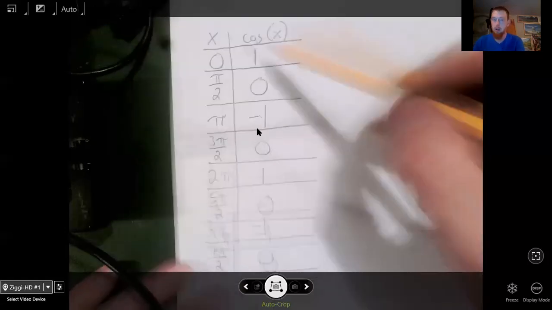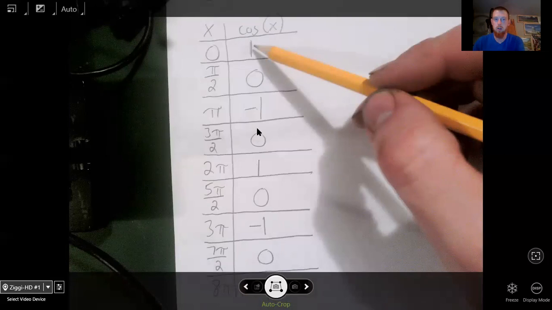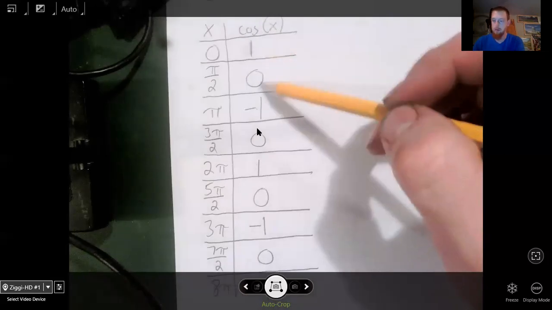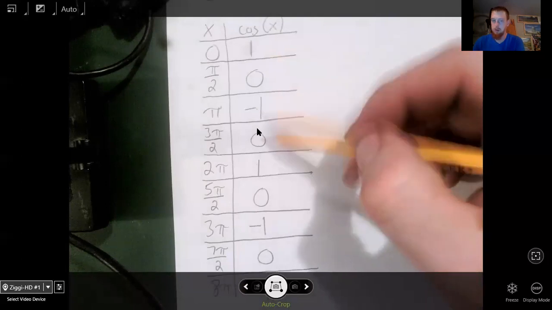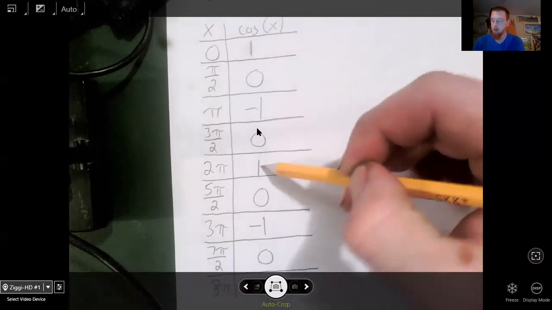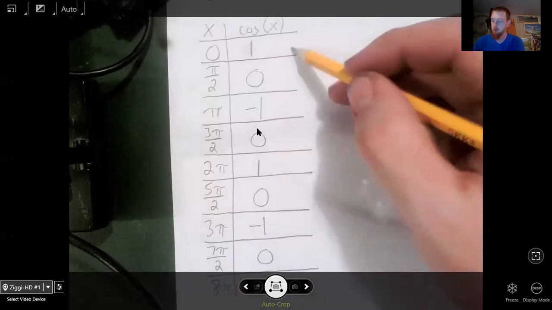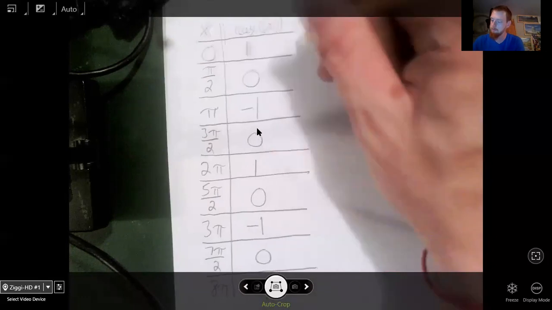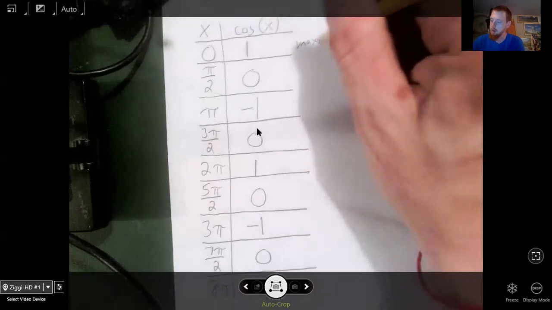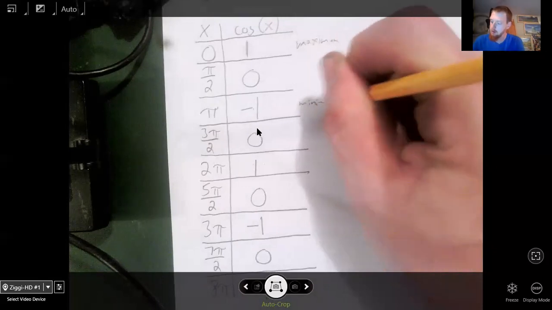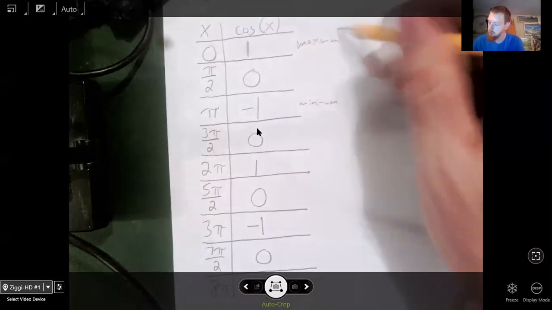As you can see, how long does it take to go from where we start to the middle, to the minimum, back to the middle, to the maximum? That one period is still 2 pi radians.